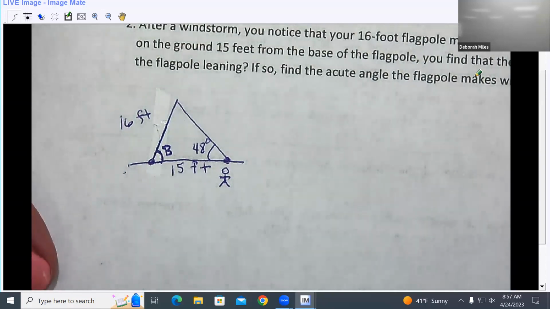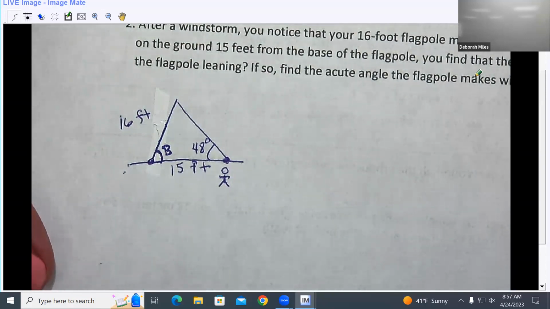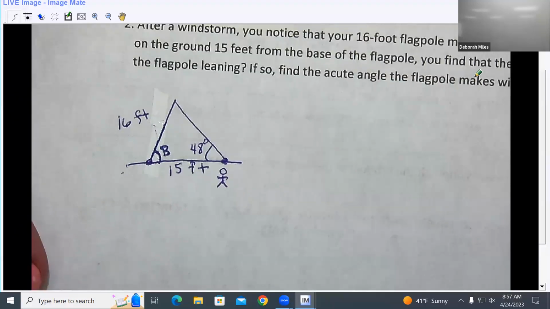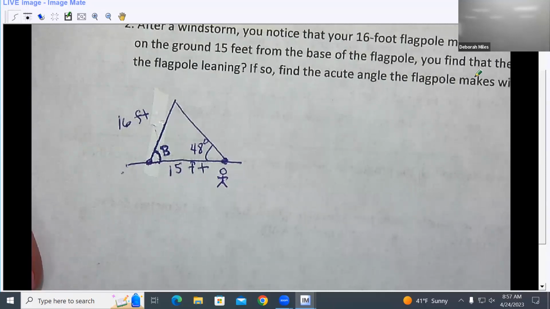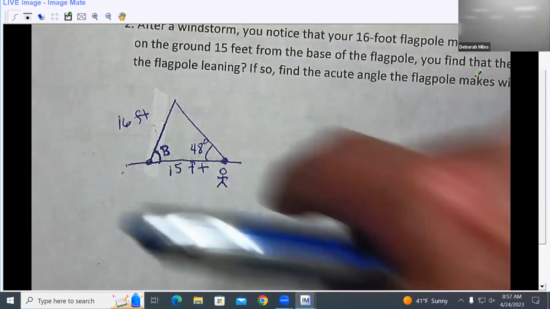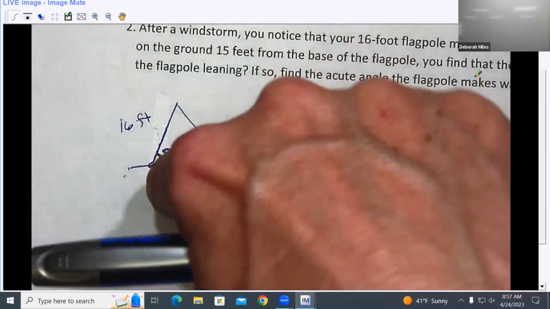I have one complete ratio. Look at me. My one complete ratio is 16 to sine of 48 degrees. And I don't know that side or that angle.